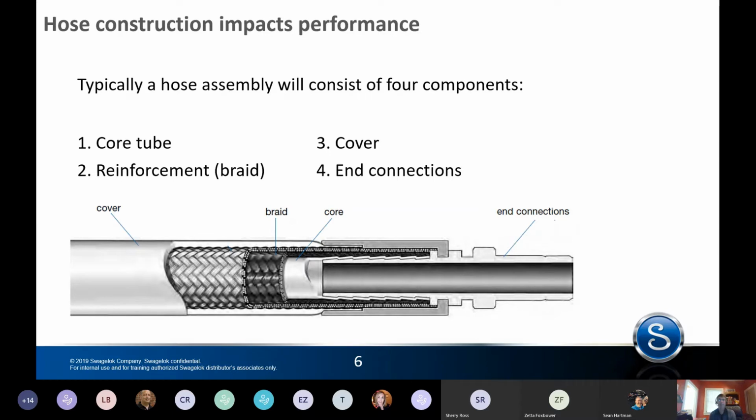The black that you see in this picture is a fiber braid, and the gray is a stainless steel braid. Both can be used, one or the other can be used depending on what the hose needs to do. And again, this needs to be considered when selecting the right hose for a job. The stronger the material, usually the less flexible the hose is. The weaker the material, the more flexible it is, but the lower the pressure rating will be.